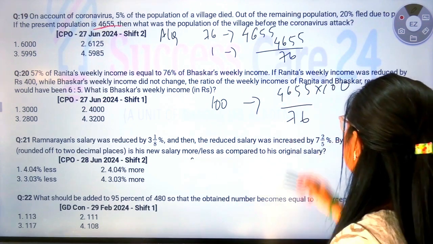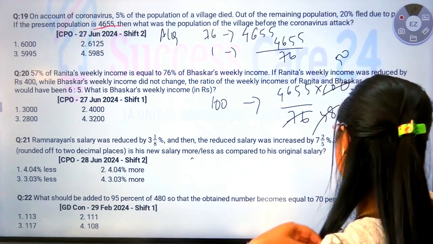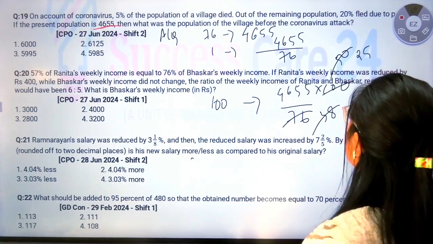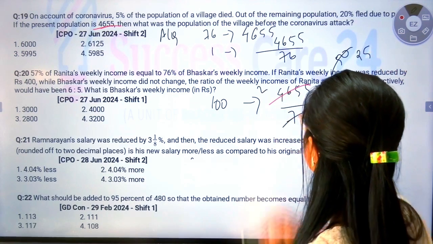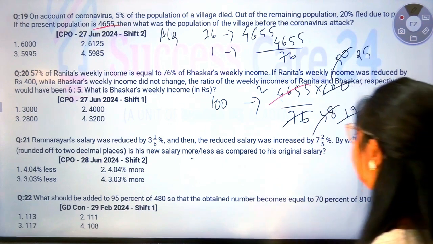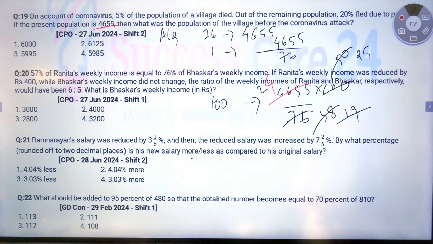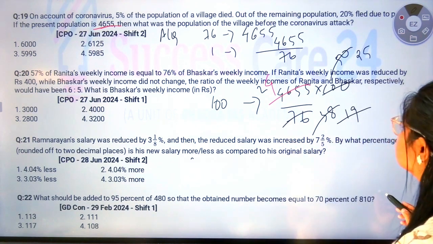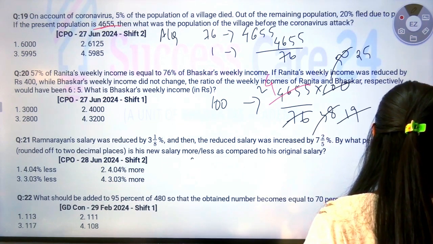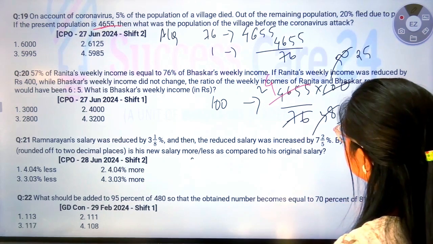So let us do the calculation. If I cut it with 2, 38, 50, 2 re, 19, 19 and 25. So 19 2s are 38. Again 85, 19 4s are 76.